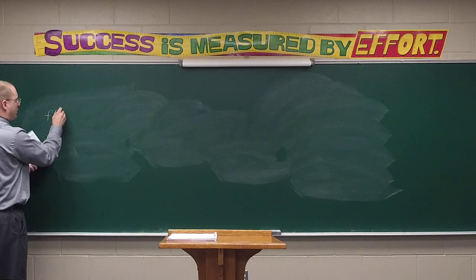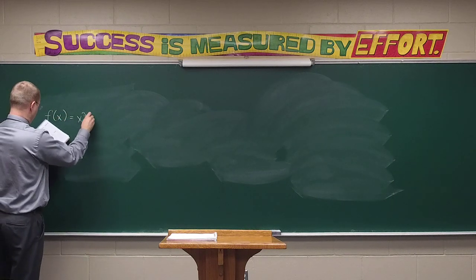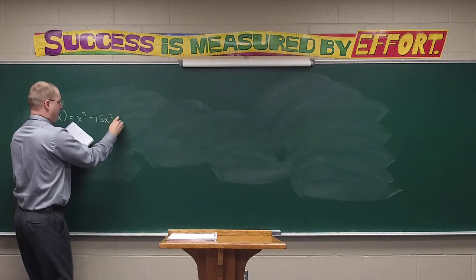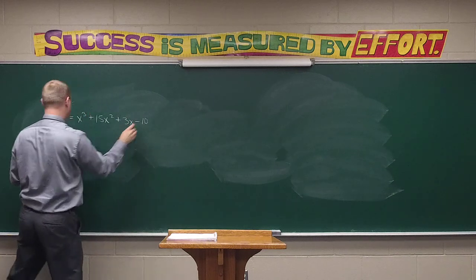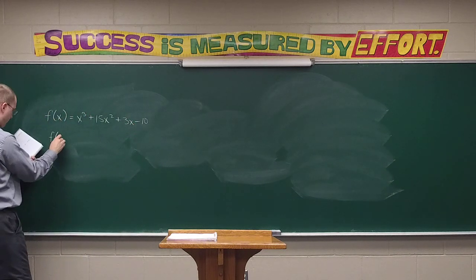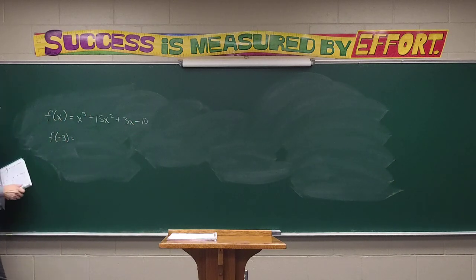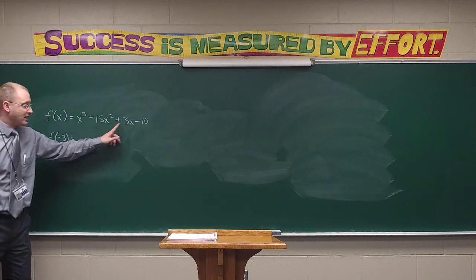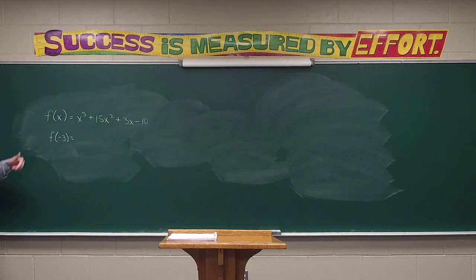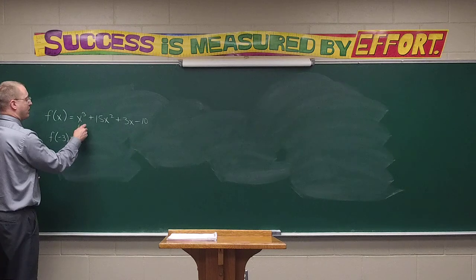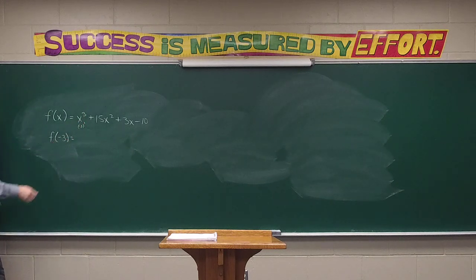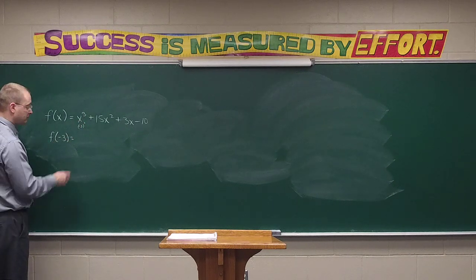So they gave us the function in number 1, f of x equals x cubed plus 15x squared plus 3x minus 10, and it said to evaluate f of negative 3. What that means is all 3 places that I see an x, I gotta plug in a negative 3. So Genesis, when I cube a negative 3, I'm gonna get negative 27.